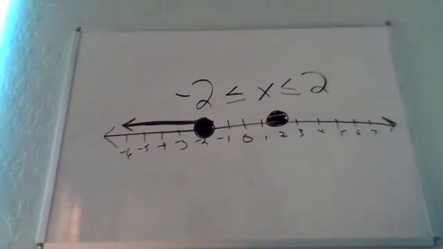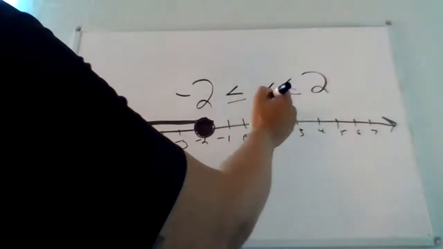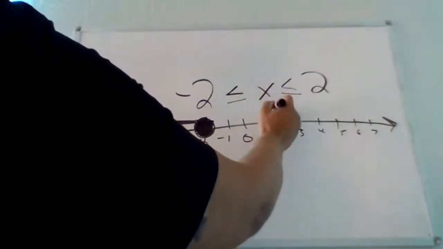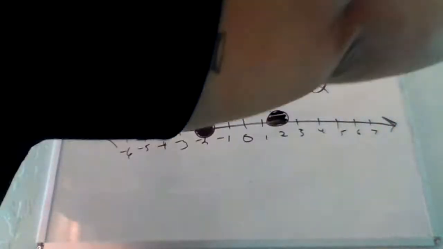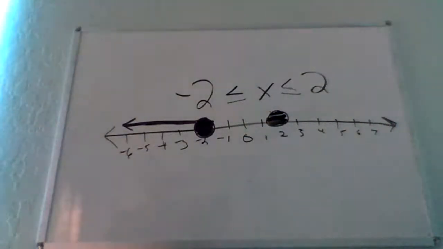The arrow is outside. So which direction should it go? Towards the negative numbers or towards the positive numbers? Toward the positive.